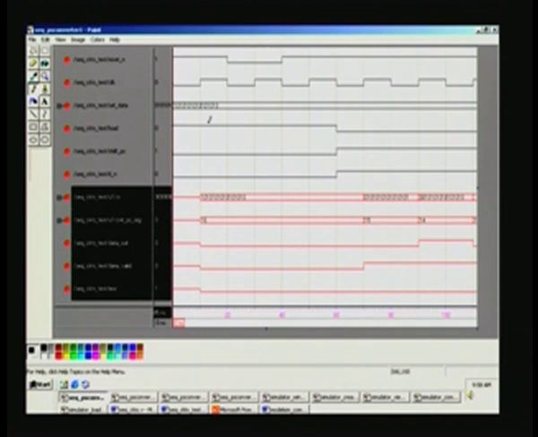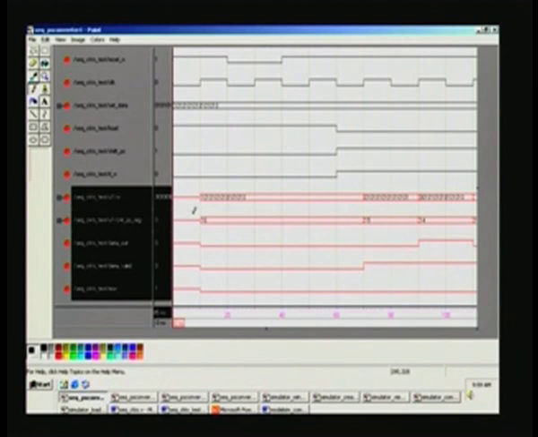You can see that load is high here, and so shifting starts right at this point once the load is complete, and simultaneously you also assert shift right here. What happens after this is that this 1010 pattern shift register will be shifted 1 bit per cycle at the positive edge of the clock.